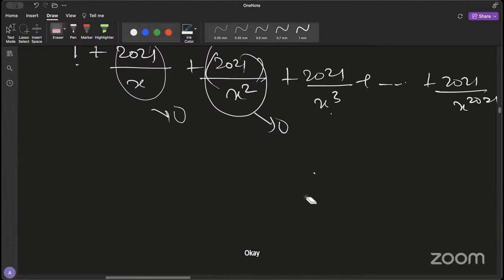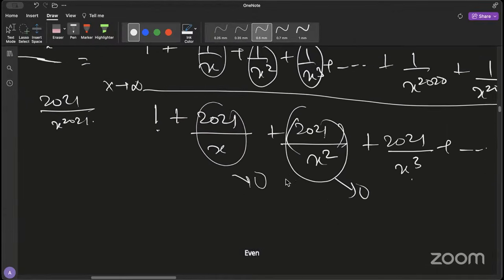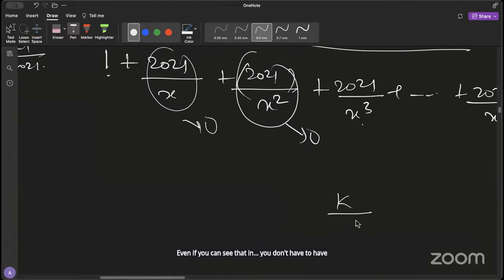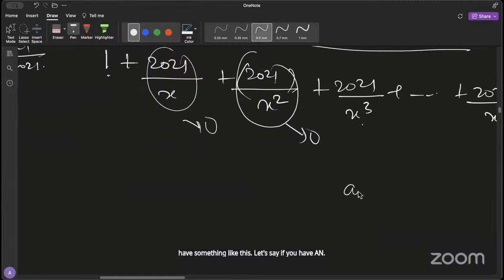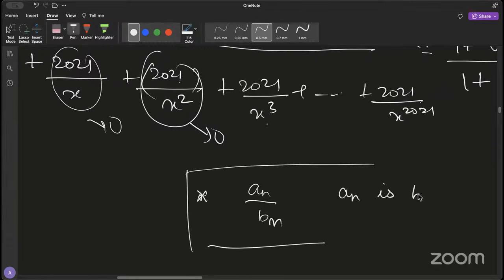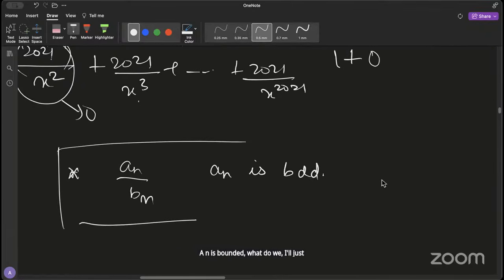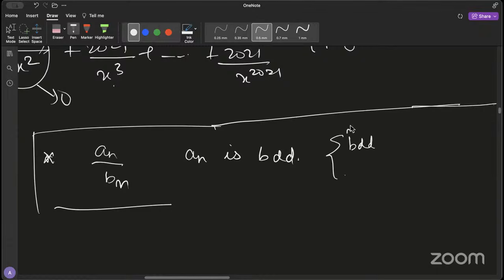Even if you don't have a constant in the numerator in particular, even if you have something like an by bn, where an is bounded. I'll just write what we mean by bounded. Have we discussed bounded sequences? This is the definition.